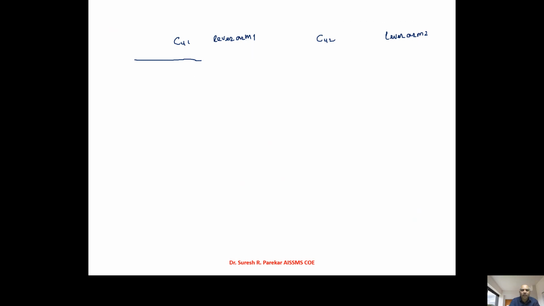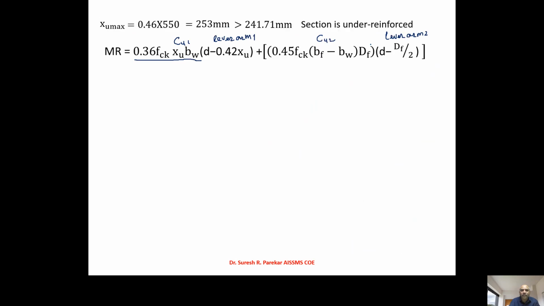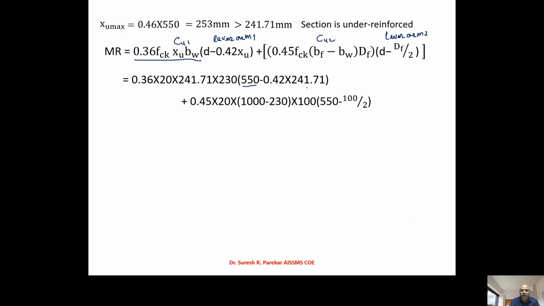Here you can see this depth is not 500, we have 600, cover is 50. So 600 minus 50 is 550, and therefore here we get depth as 550 minus 0.42 into 241.71, plus this value, where this is df and this portion is df by 2.